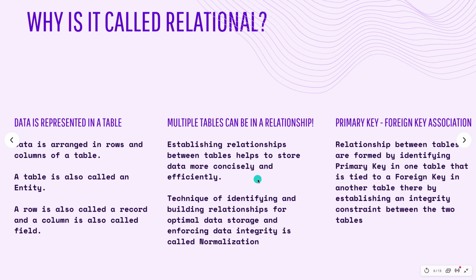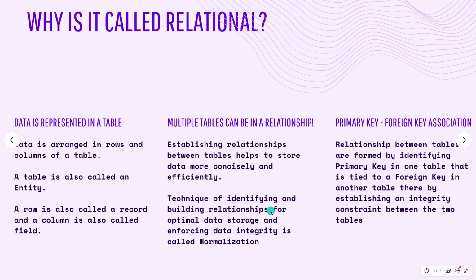Once you have multiple tables created, you want to establish some kind of relationship between them so that it helps you store the data more concisely and efficiently. The whole purpose of building a relationship is to ensure that there is no data redundancy, that integrity constraints are applied, and that the data is stored in the most optimal fashion.